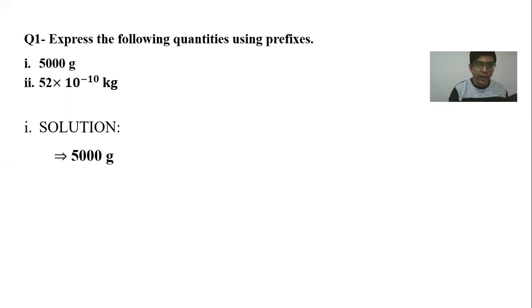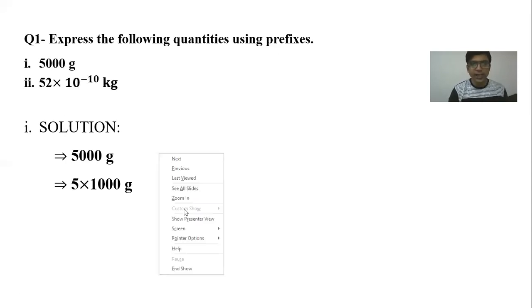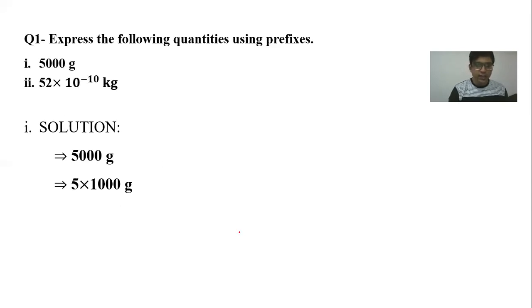So I can write 5,000 grams as 5 multiplied by 1,000. When we multiply it, we get the same thing, which is 5,000. Then I can write 1,000 grams as 1 kg, because we know that 1,000 grams is equal to 1 kg.